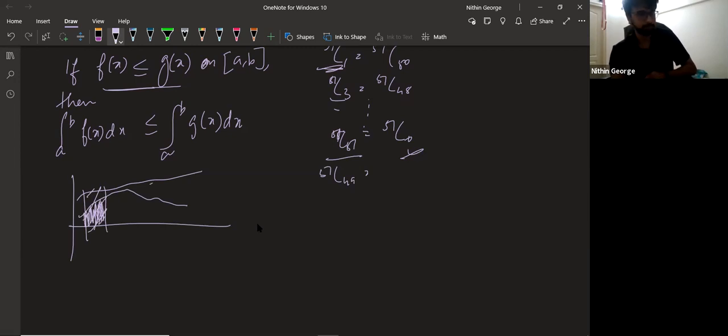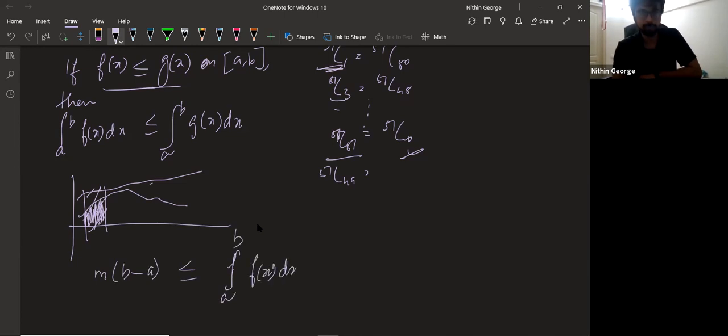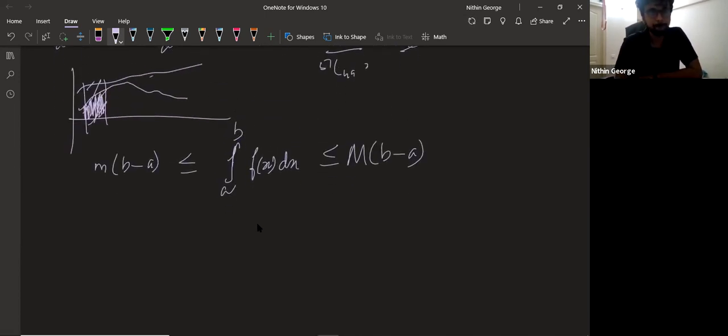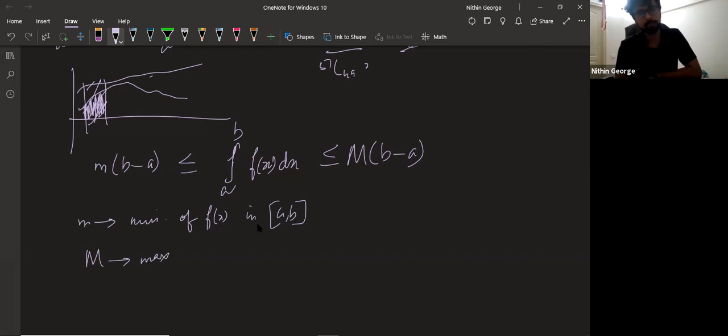One more conclusion you can bring from here is m into b minus a is less than or equal to integral a to b f of x dx, which is less than or equal to M into b minus a. Here small m is the minimum value of f of x in a to b, and capital M is the maximum value of f of x in a to b.